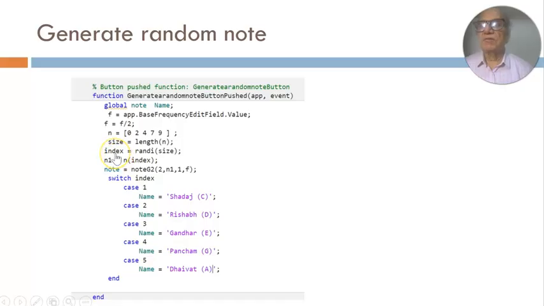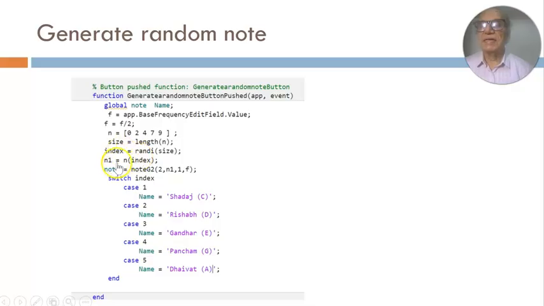Then you generate the index in a random fashion. Random integer size: what does it mean? It will generate an integer between 1 and size. In this case, size has a value 5, therefore it will generate a random integer having value either 1, 2, 3, 4 or 5.